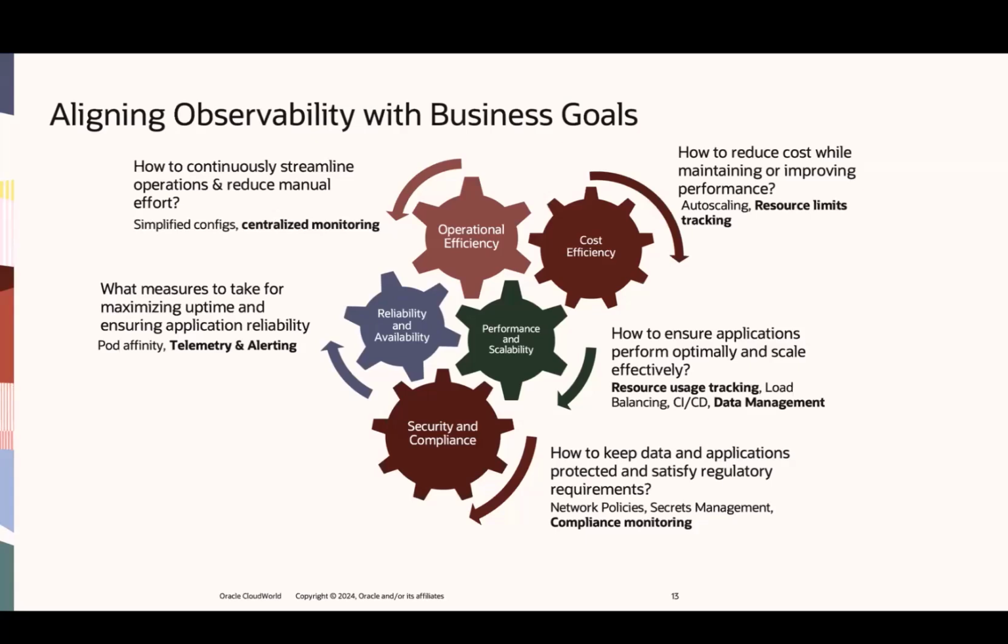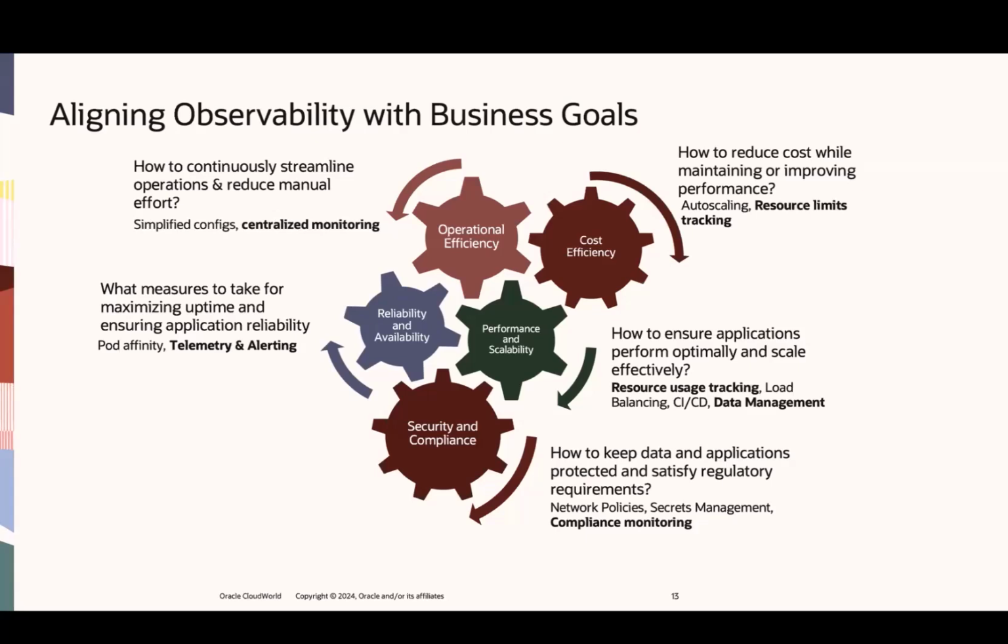So ensuring auto scaling, resource limit tracking, you have reliability and availability, which is always one of the goals for any business for their IT systems, performance and scalability, how to ensure applications perform optimally and scale effectively, and then security and compliance.